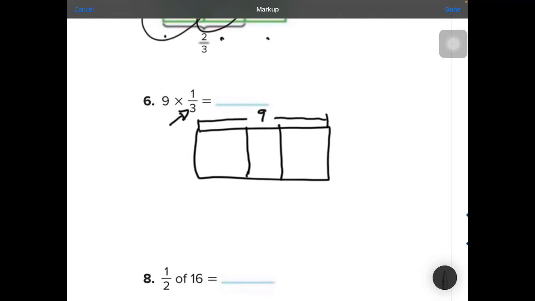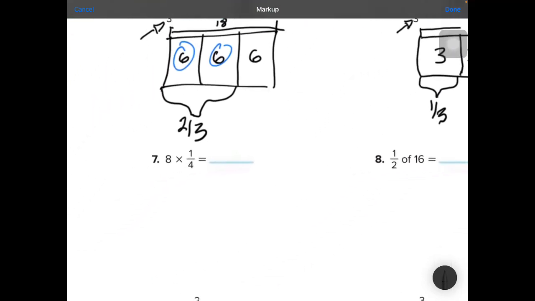The whole thing has to equal 9. So 9 divided into 3 compartments is 3 into each of these compartments, right? But it only wants me to know 1/3 of it. So 1/3 of a compartment, 1/3 of the whole thing is right there. So 9 times 1/3 is 3.